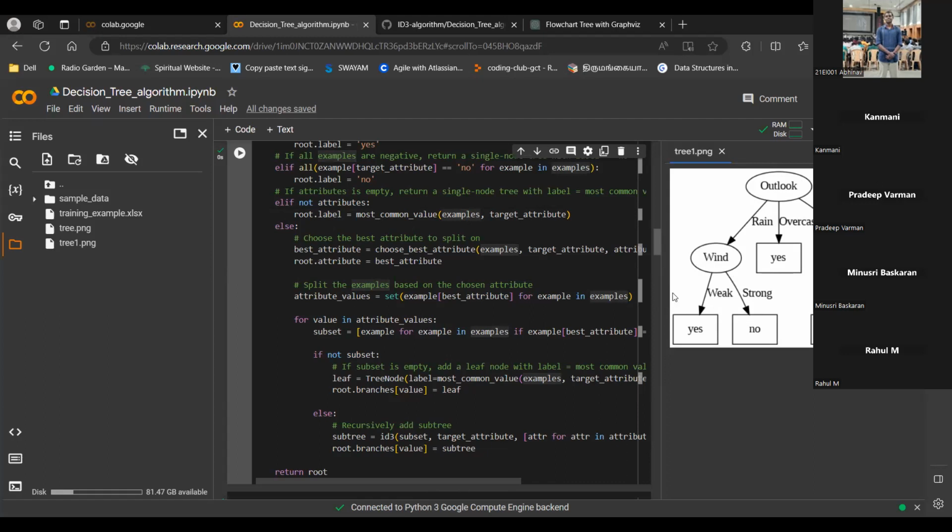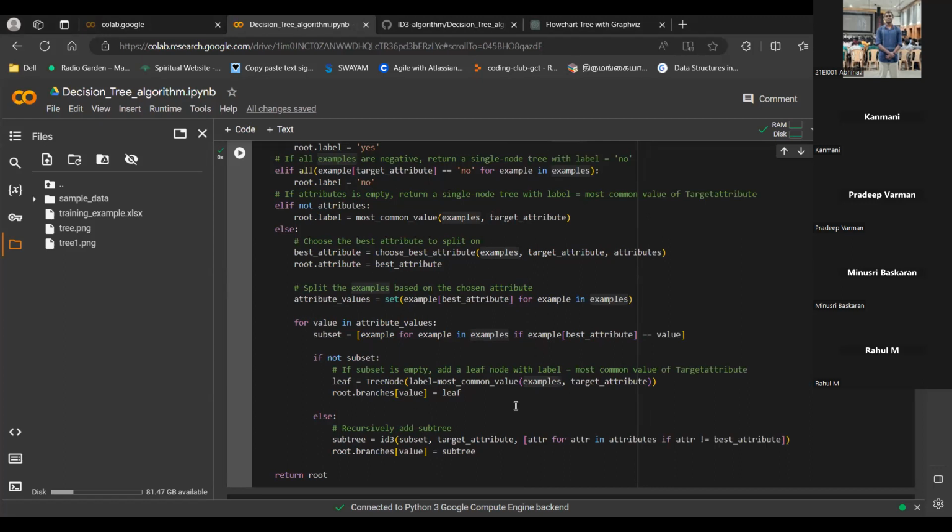But when we hit the wind, we don't have any instances that have the value of mild. Okay. So at that time, we'll be hitting the point where we don't have any instance for that particular attribute. So under wind, there's a mild, but when we went down this path, there were no instances where the wind was mild, correct? Yeah. Okay, got it. So at that time also, we'll be going with the most common value.